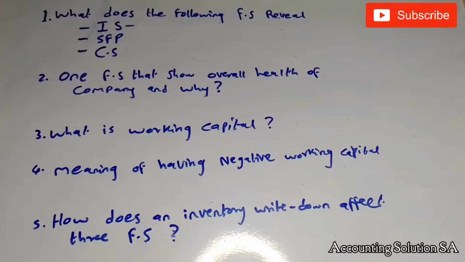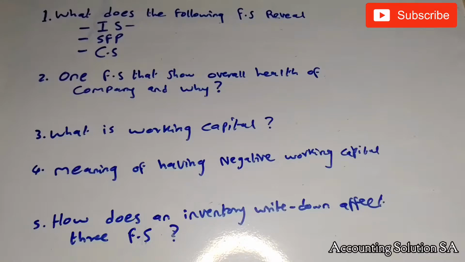Number one, you must be able to answer the following question. They can ask you the main purpose, or they can ask you in this way: what does the following financial statement reveal? Remember, we have an income statement as one of the financial statements, we have the statement of financial position, we have a cash flow. So you must know, when we deal with the income statement, what does it reveal?